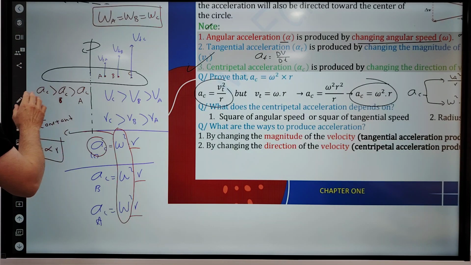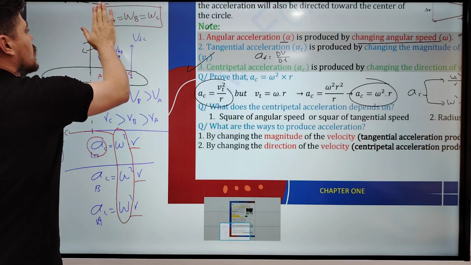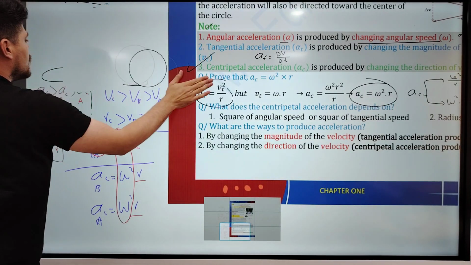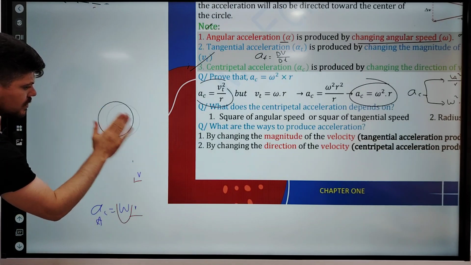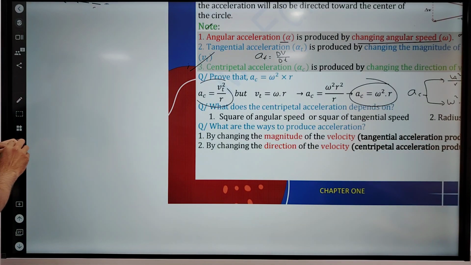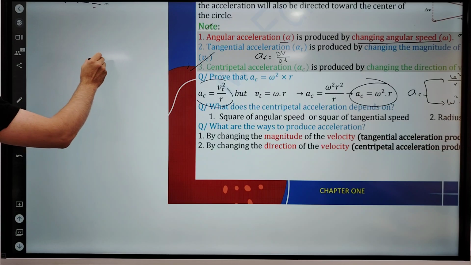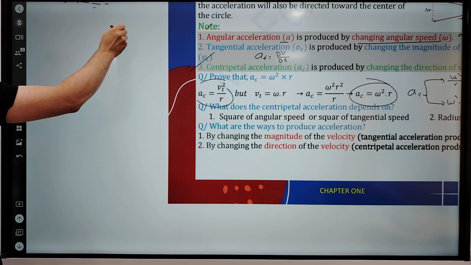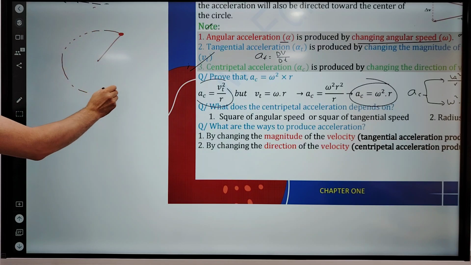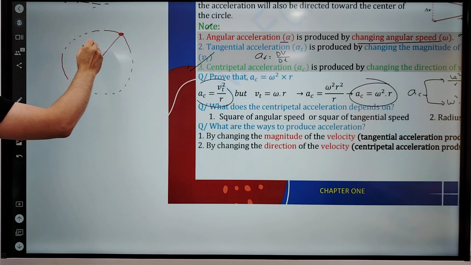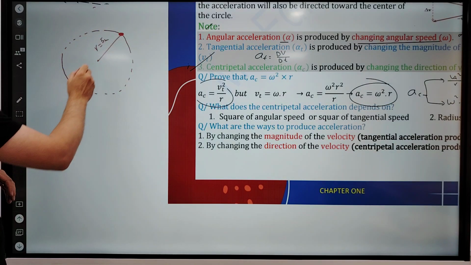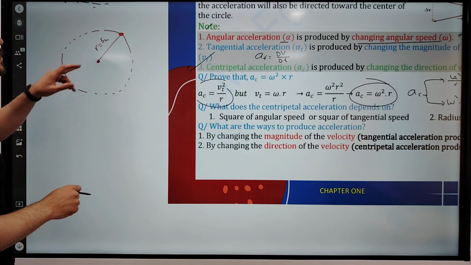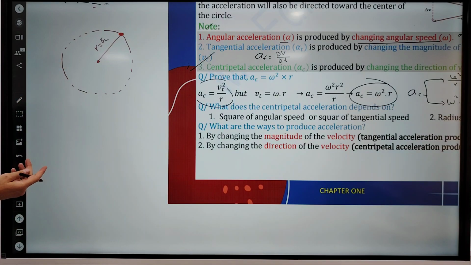But for an object moving in a circular path without rotation, for example, if you have a string and a ball, assume that this is 5 meters. The length of the string is equal to the radius of the circular path.